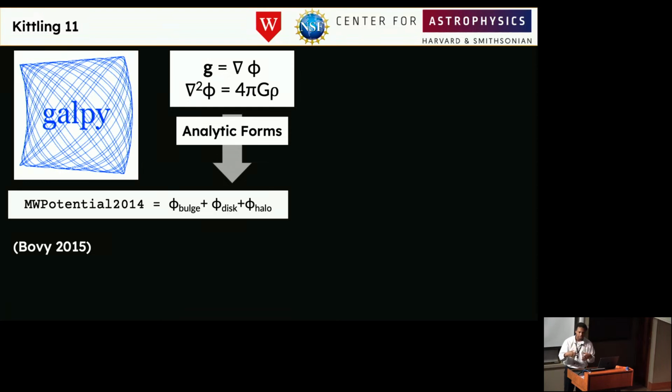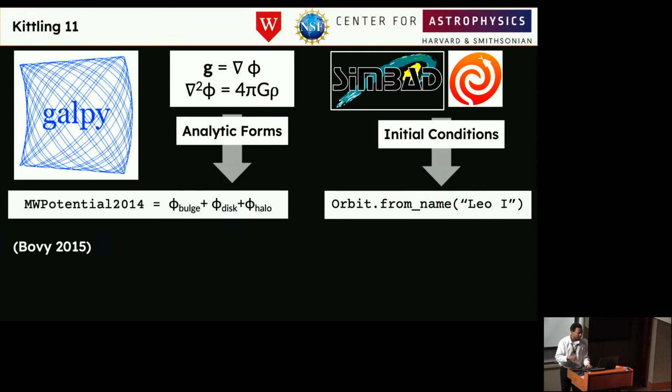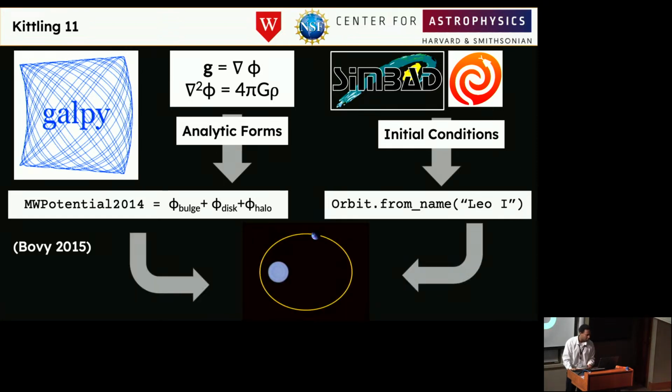And with this potential, you can calculate the gravitational force. In addition to this, it also has a nice feature where it can use astroquery to retrieve values of its initial conditions from SIMBAD and then puts it into this orbit object. So if you take this orbit object that has initial conditions and integrate it in some potential, such as the Milky Way potential, you can get this handy-dandy orbit.